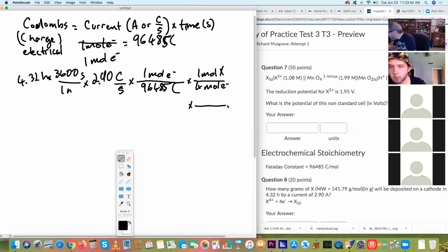And then we can figure out how many grams by multiplying that by the molecular weight.